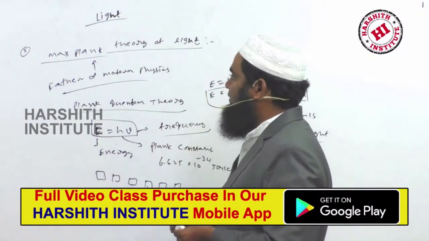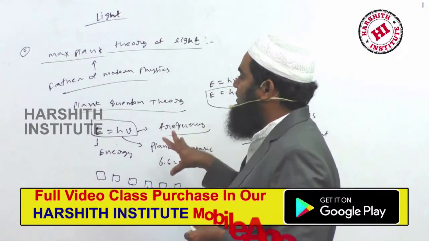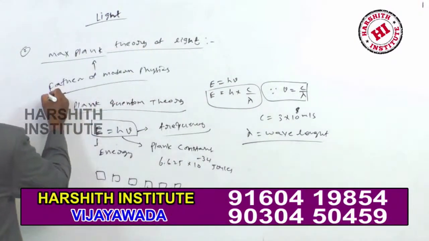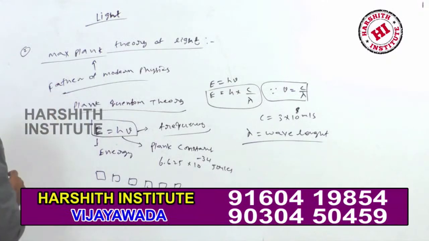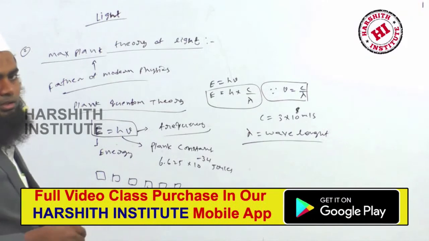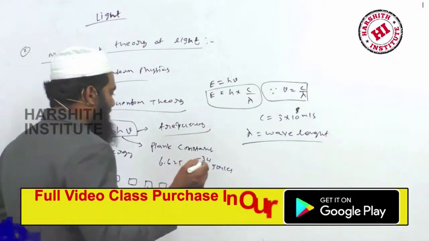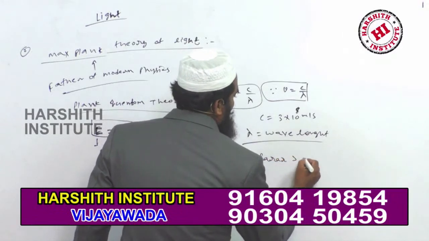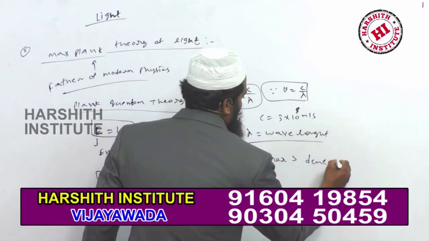Now according to Max Planck theorem, he will give the information about the light passing through a medium. He required any medium, maybe denser medium or rarer medium. Now the velocity of light in rarer medium is more than in the denser medium.